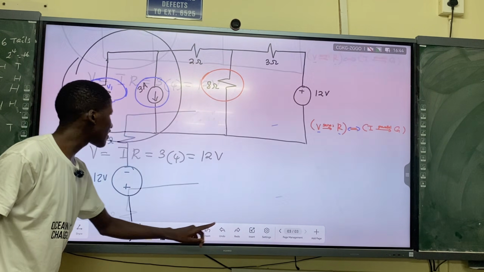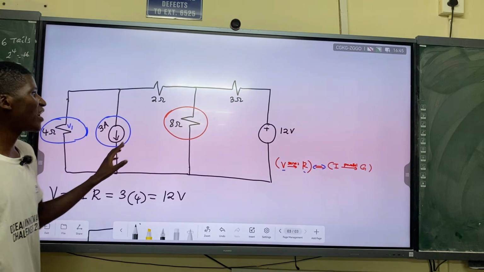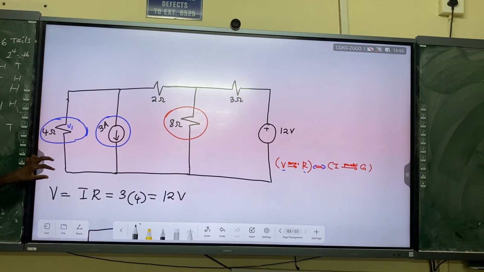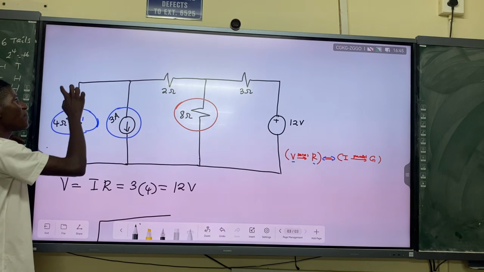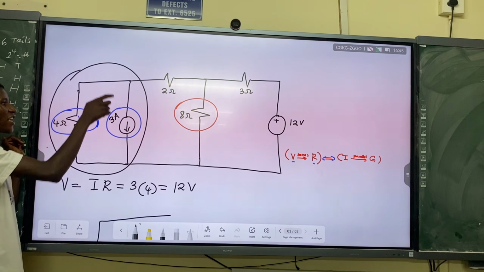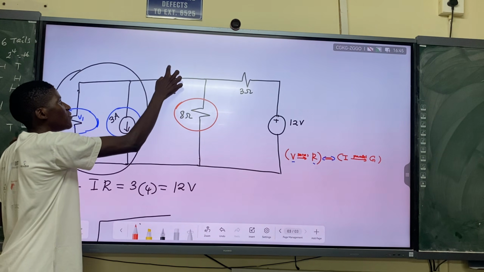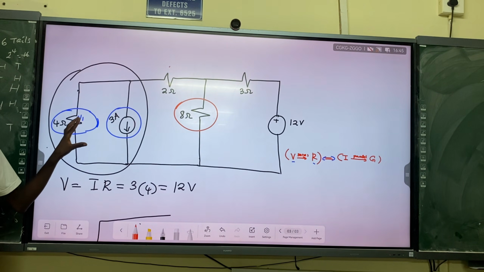So when I transform the source at this point, I can continue and try to transform other sources. What other thing can I transform on the other side? We've got this combination. I want to ask you about this 2 ohms. How does this 2 ohms relate to this combination?